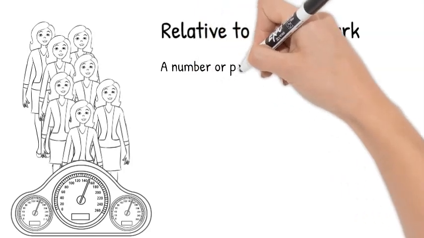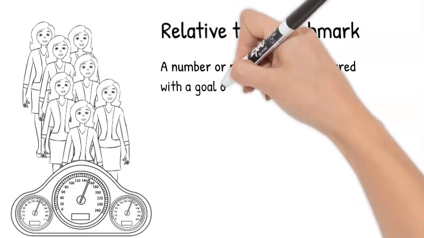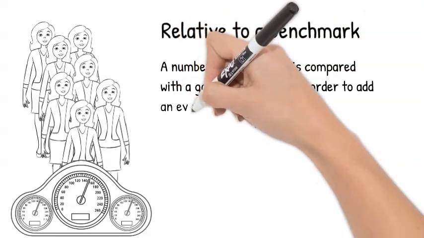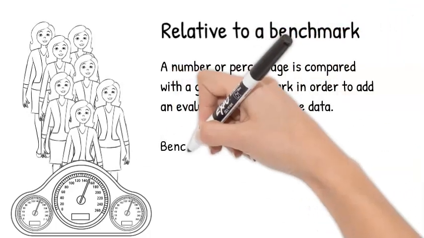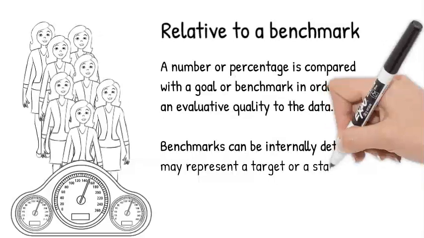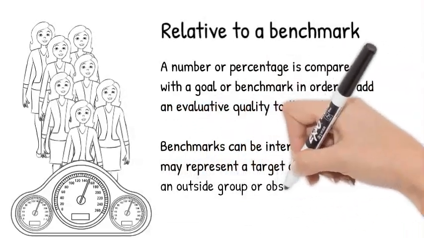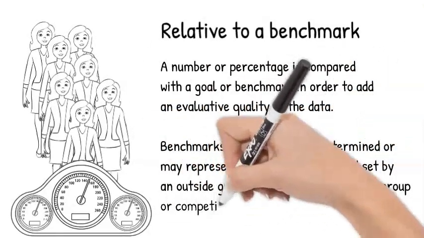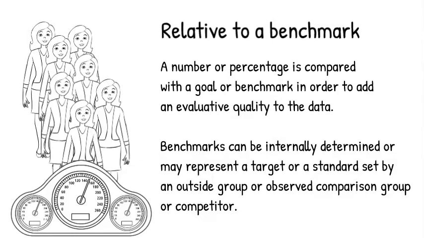Another kind of data is data that's relative to a benchmark. Here, you still have a number or percentage of people participating in programs or services, but you would compare that with a goal or benchmark in order to add an evaluative quality to the data. These benchmarks can be determined internally or might represent targets or standards set by outside groups or comparison with others, including competitors.